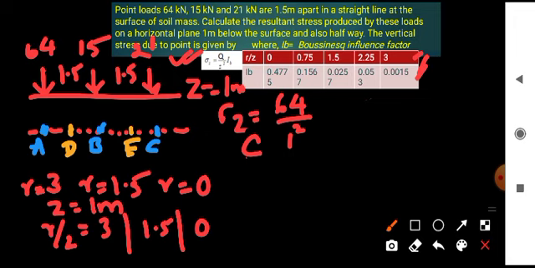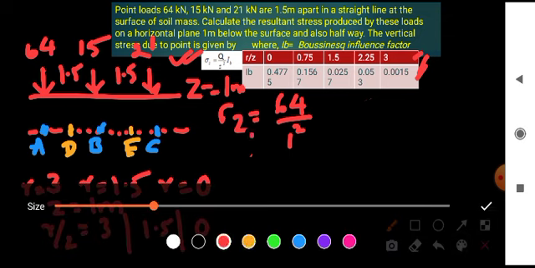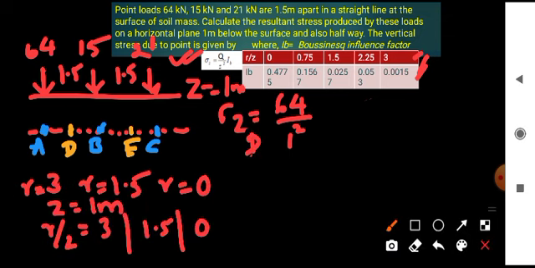So sigma z D, if you are taking sigma z D, 64 by 1 square is there. Then I will just write the values, so you can verify the answers later.